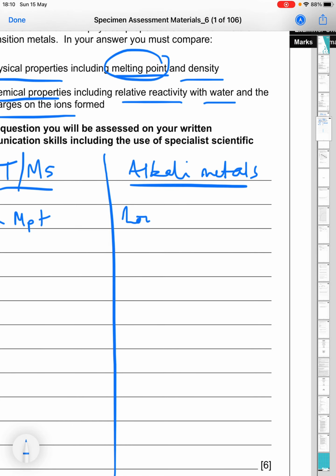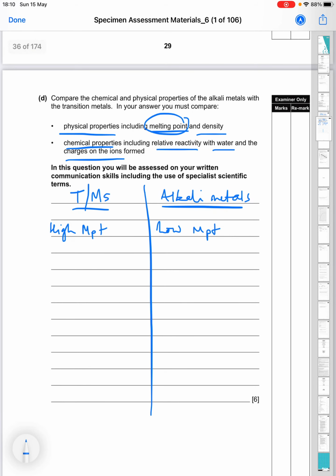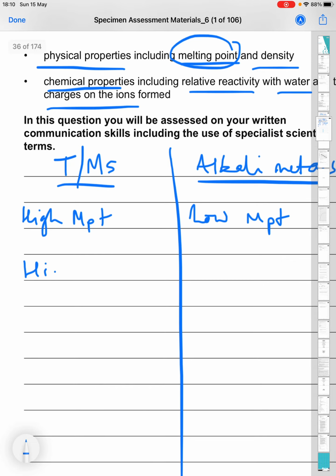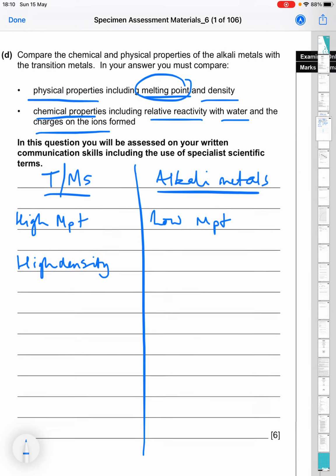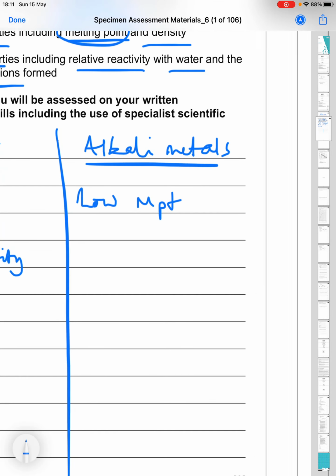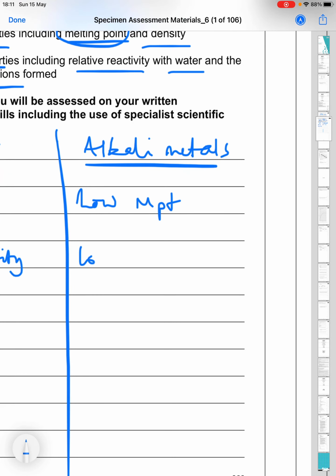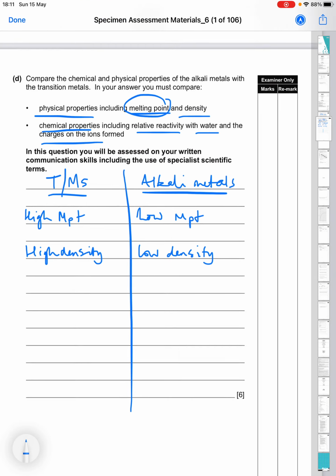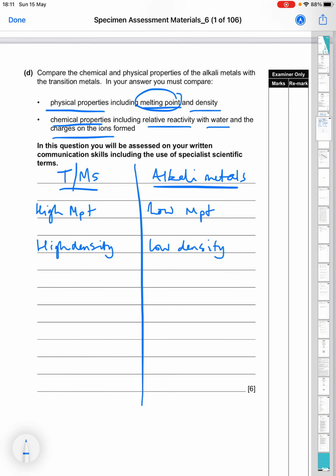And for the alkali metals, low melting point. The transition metals then have high density. Think of something like titanium, which is used for replacement joints in your body. It has to be high density. The alkali metals are low density. If you remember, they float on water.